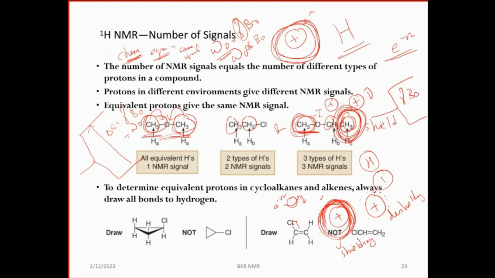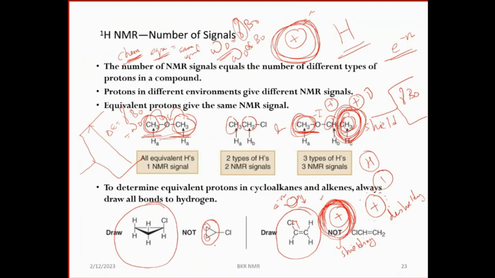Now when I compare this particular problem, cyclopropane or alkene, what should you always do? Suppose you write it like this, you'd say one signal, these two are the same, both are CH2 attached to C attached to Cl.